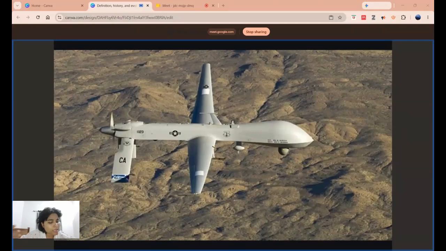For example, there could be some optical sensors, there could be some radar sensors, or there could be lidar sensors. There could also be some synthetic aperture radar sensors. So all these things are possible.